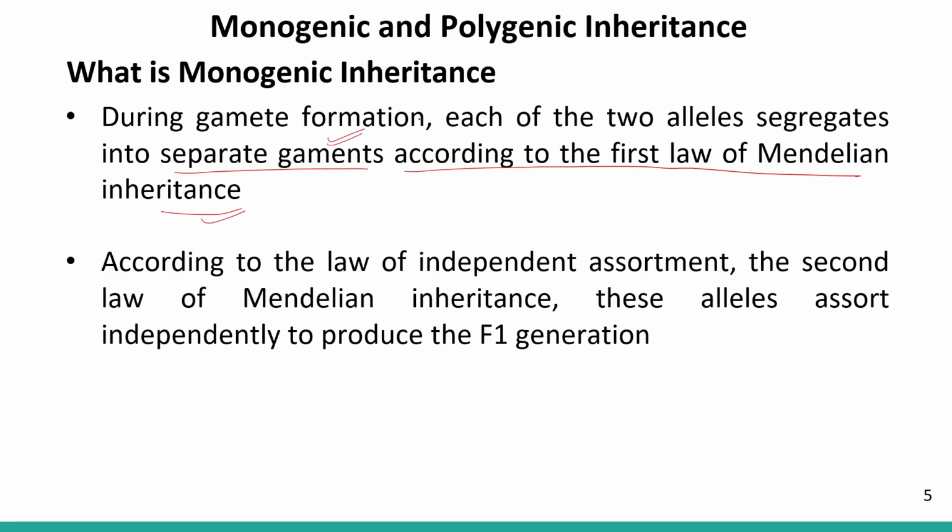That is the allele segregation at the time of gamete formation. According to the law of independent assortment, the second law of Mendelian inheritance, alleles assort independently to produce the F1 generation.